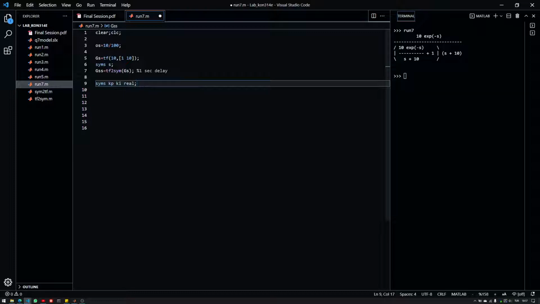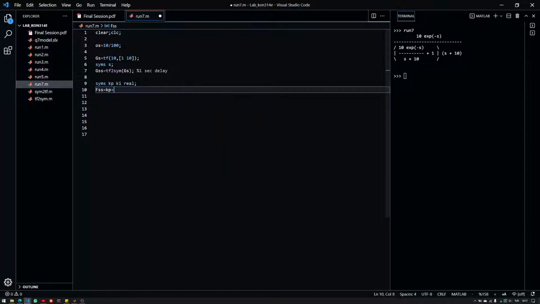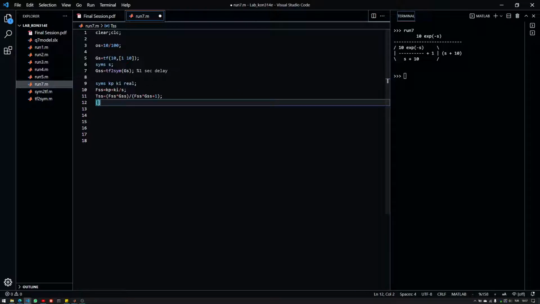So we have this, and then the PI controller with KP plus KI divided by s, and then the closed loop would look like this: F(s) times G(s) plus 1, and then I would get the numerator, and then we have the denominator. So let's see.